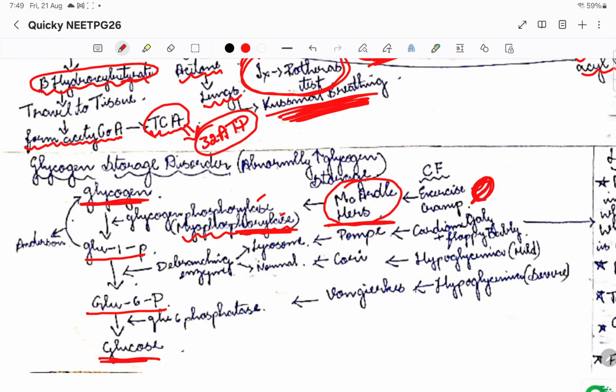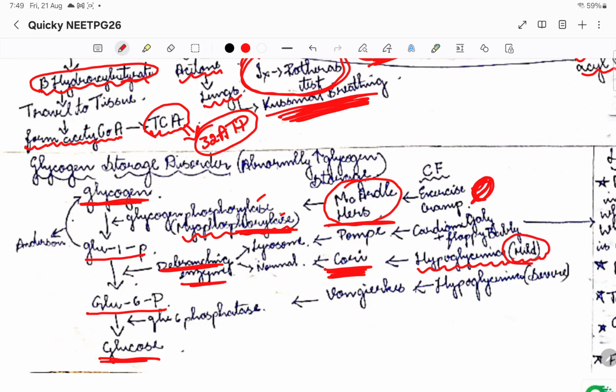Okay, the first step has passed. Glucose 1 phosphate has formed. Now to convert it into glucose 6 phosphate, we require an enzyme called debranching enzyme. When the debranching enzyme is affected, it is going to be Cori's disease that we'll see here. The patient is going to present with mild hypoglycemia.